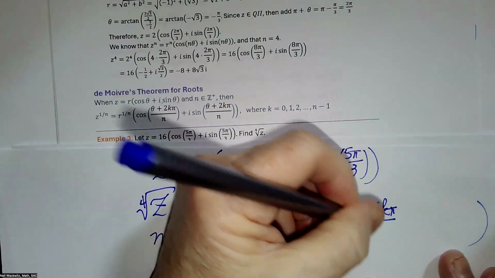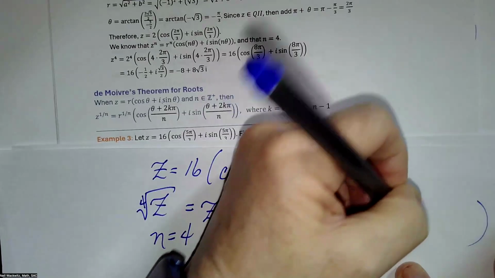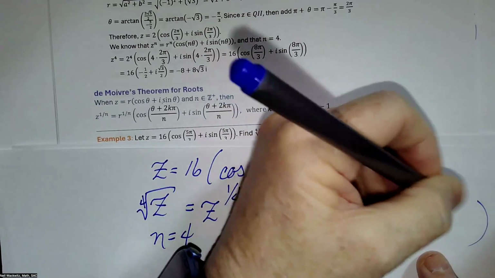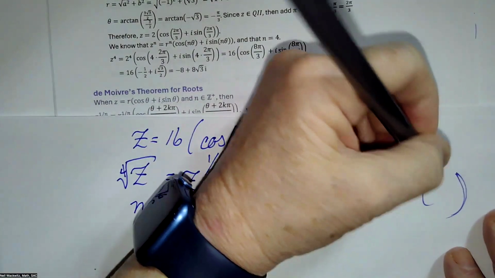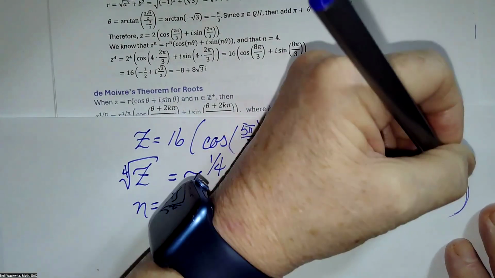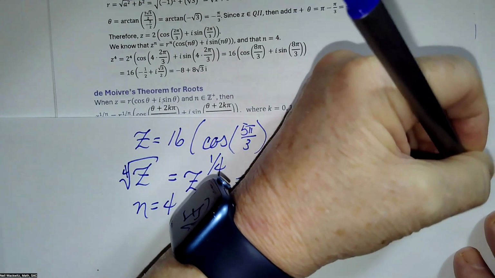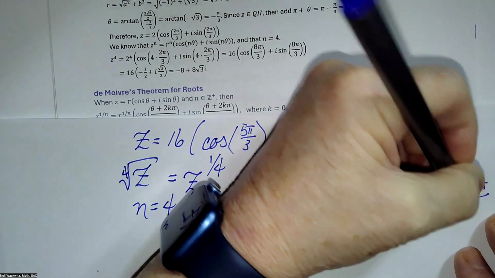N is 4. And then we have this same weird term again, 5 pi over 3 plus 2k pi all over 4.